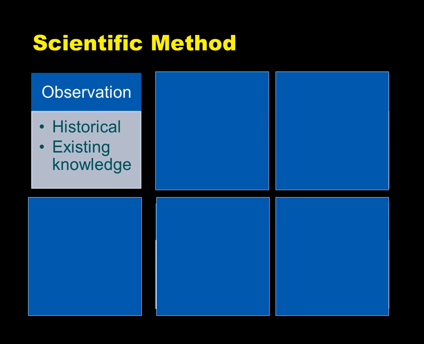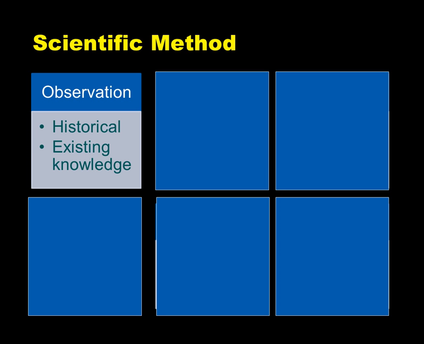However, maybe you could read a piece of literature written by your favorite author, and you make an observation. So it could be something historical, a piece of literature that you've read. You don't have to physically see everything. Maybe you made an observation based on a previous experiment that you've done, or something else that's happened to you in the past. You just note something. You make an observation, right?